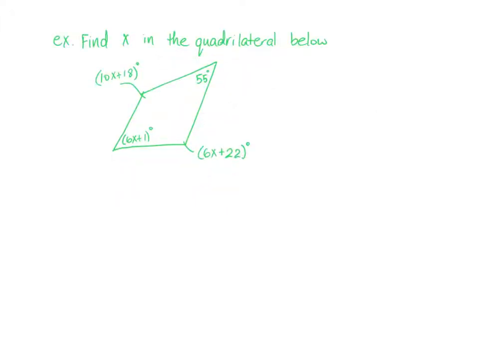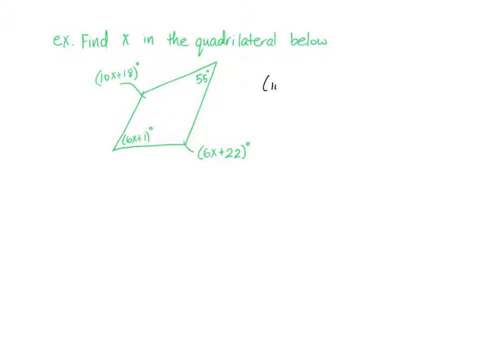Okay, so now that we know that the sum of the measures of the angles of a quadrilateral is always going to be 360 degrees, we're able to solve a question like this, where it's asking us to find x. So we know that when we add all these angles up, we will definitely get 360 degrees. So let's go ahead and do that.